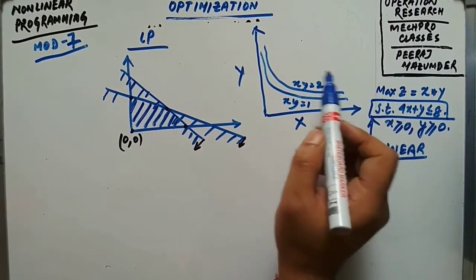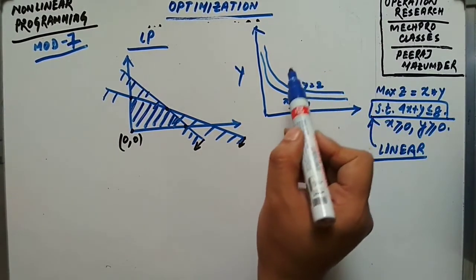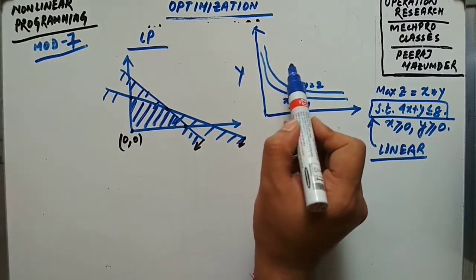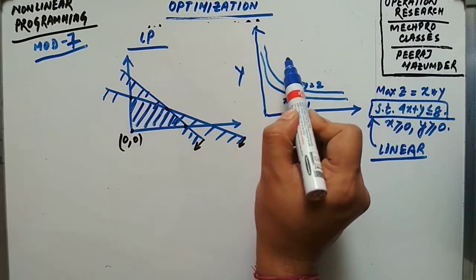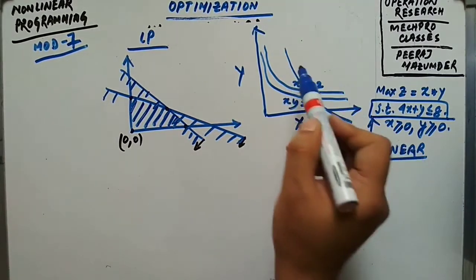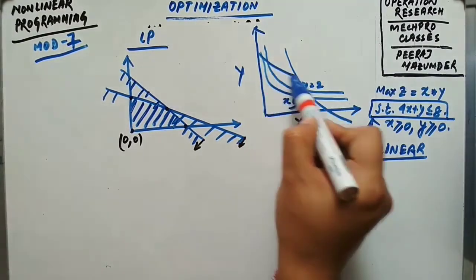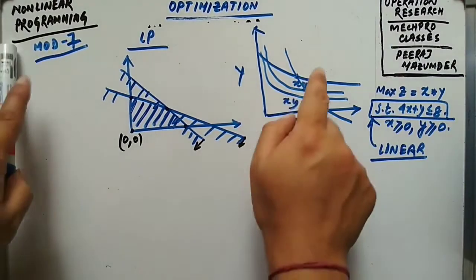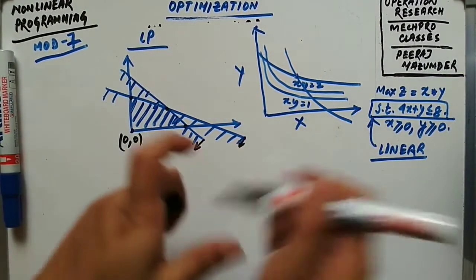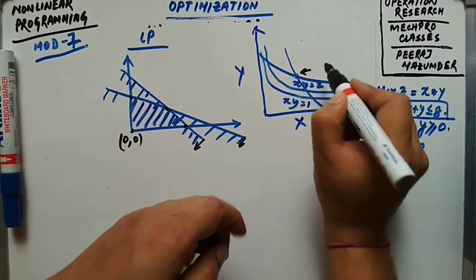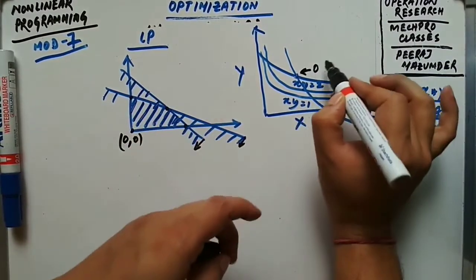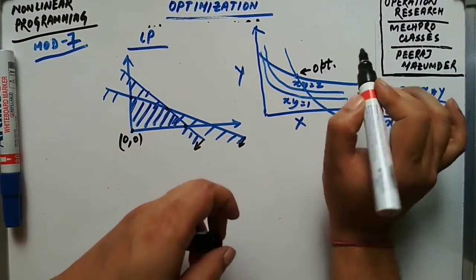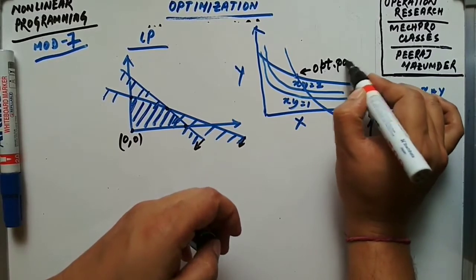Now if I draw another graph, say this one and this one, this will be the intersection point where we will have the optimal solution. I am taking just an example to give you a brief idea of nonlinear programming.